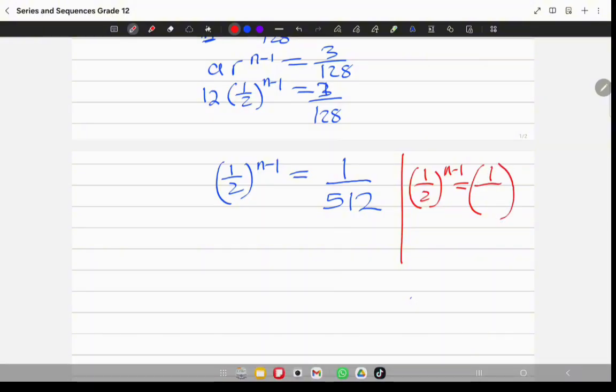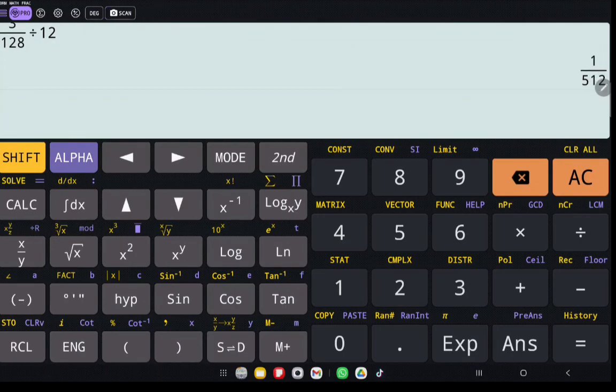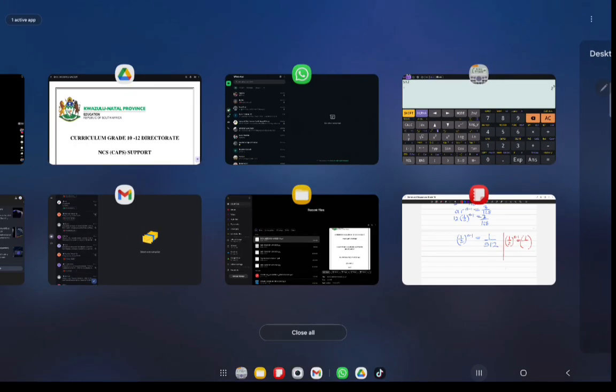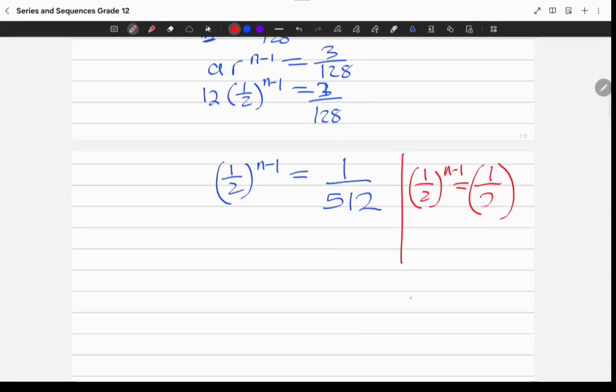This is how you do it in your calculator: you use the shift factor function, but you don't put the reciprocal. You just type in 512, and then you do shift fact, and you get 2 to the power 9. So you know that this is going to be 1 over 2 to the power 9, meaning n minus 1 is equal to 9, n is equal to 10, right?